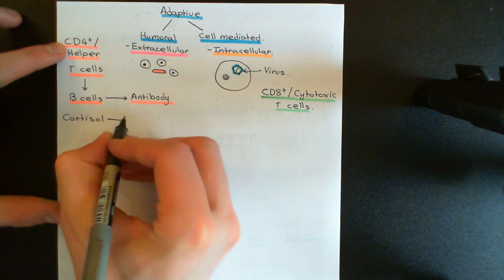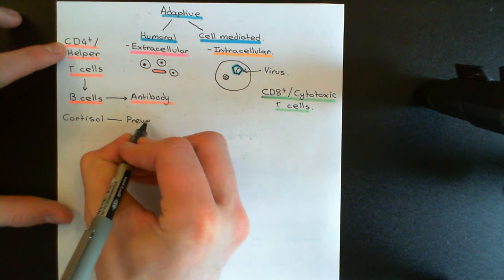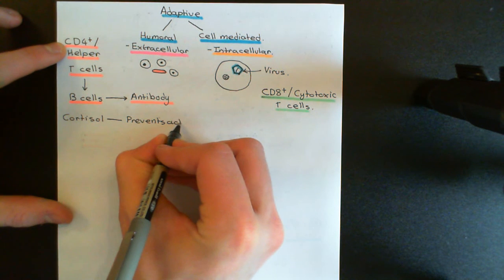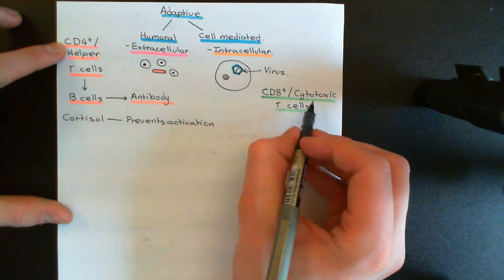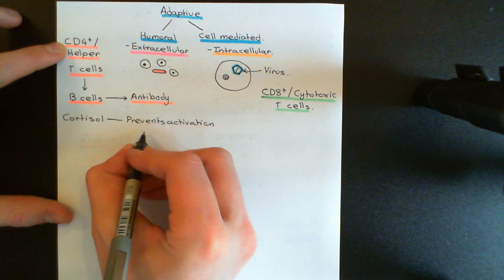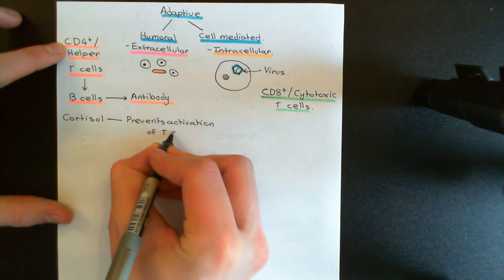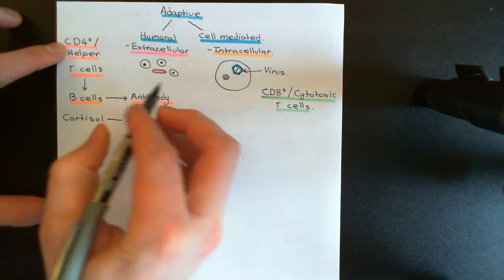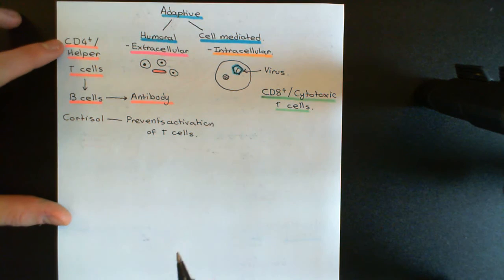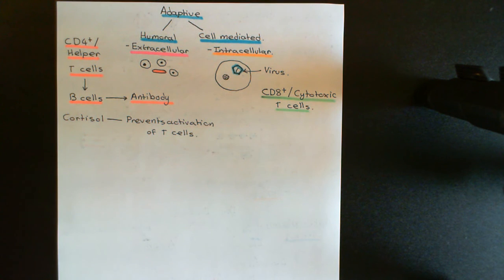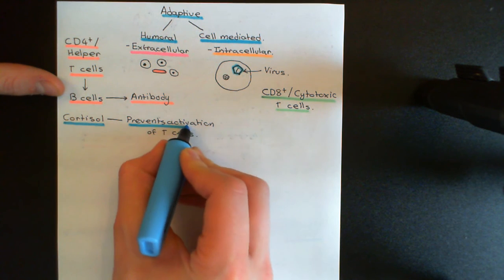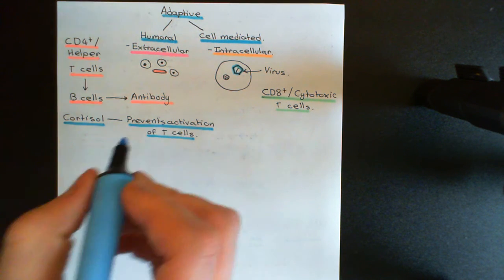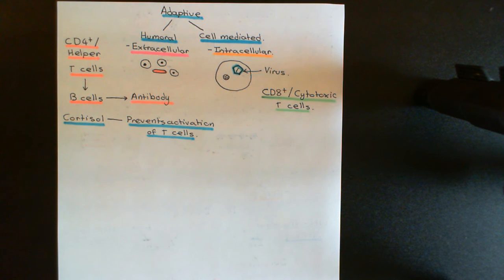Okay, so it prevents activation of both types of T cells, both CD4 positive, the helper, and CD8 positive cytotoxic T cells, because the pathway by which they activate is pretty much the same in both of them, and cortisol is going to target the same part of that. So it prevents the activation of T cells, and therefore it's going to prevent, or at least tone down, this maintenance of the adaptive immune response.